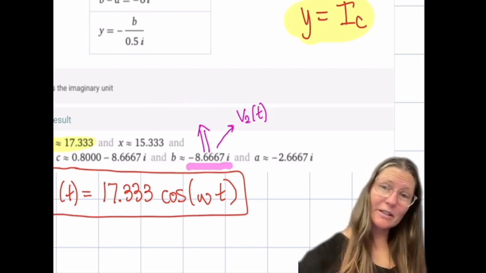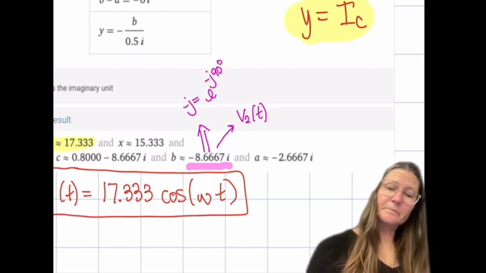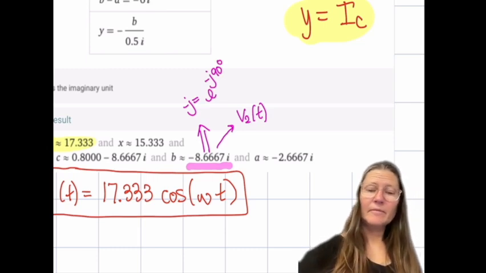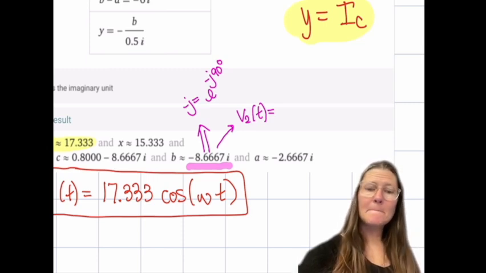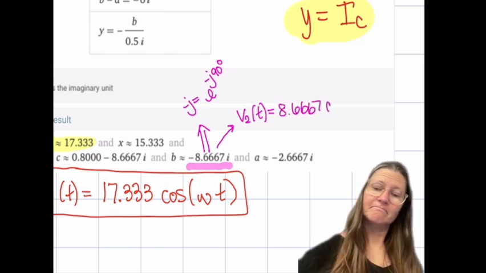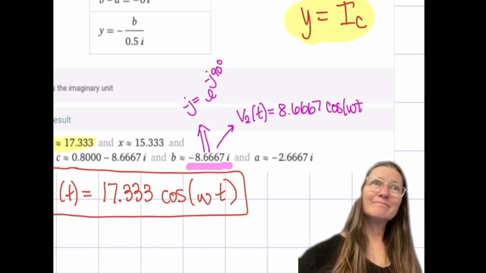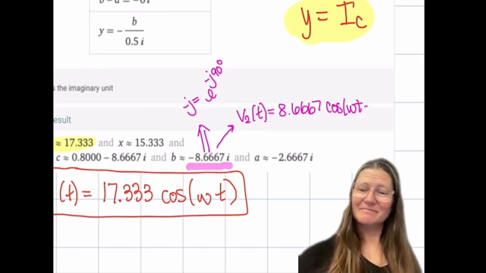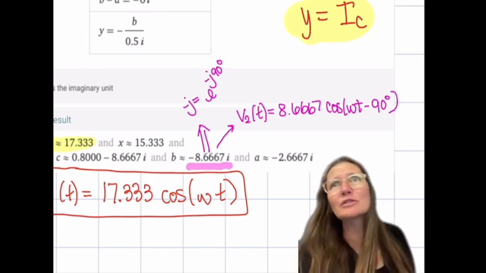So here, because it's a negative J, I just know that it's e to the negative J 90. So this will be what? Go for it, Zach. Correct. So that would be the time domain expression for V2 of t.